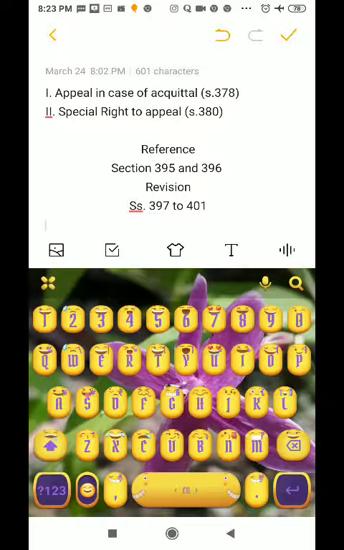So already you have gathered information about the constitutional portion. Now we will know about the criminal revision portion, that is from section 397 to 401. Section 397 empowers the High Court to call for the records from the inferior court for exercising the power of revision.